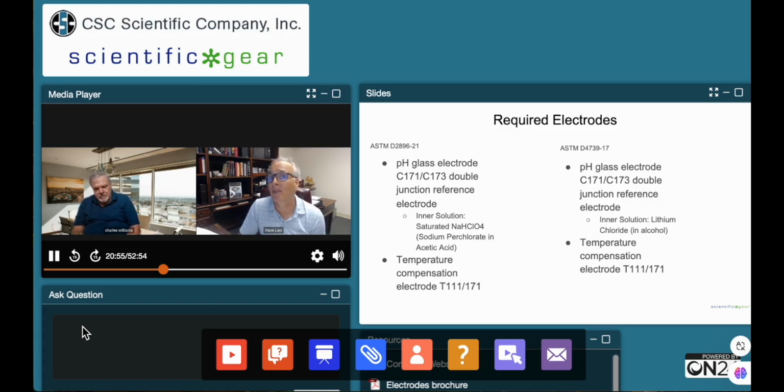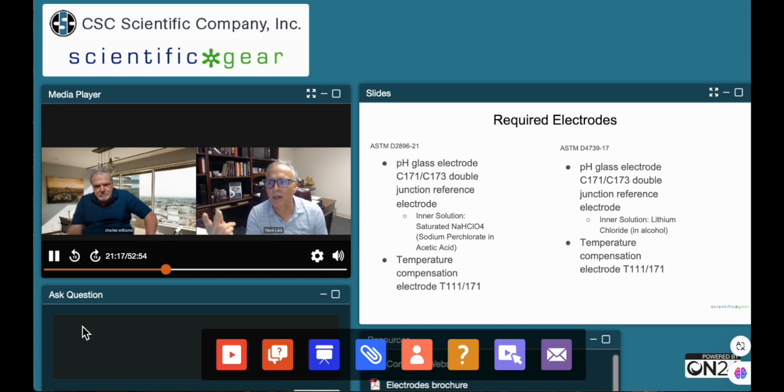I will point out that if you're running total acid number, ASTM D664 TAN, and you're running 4739-17, that electrode setup is the same for TAN. So you could run TAN and 4739-17 on the same titrator.